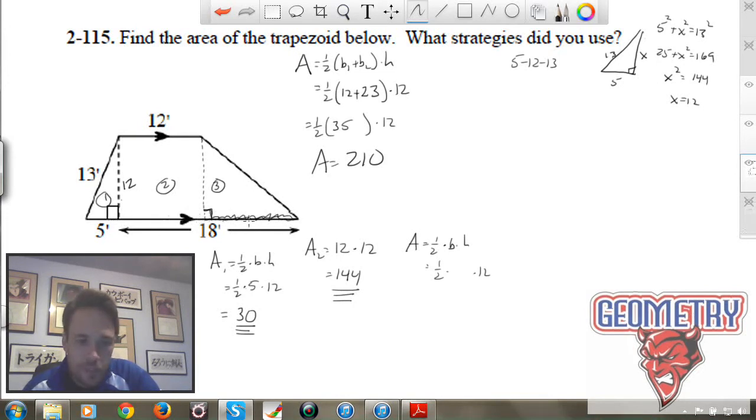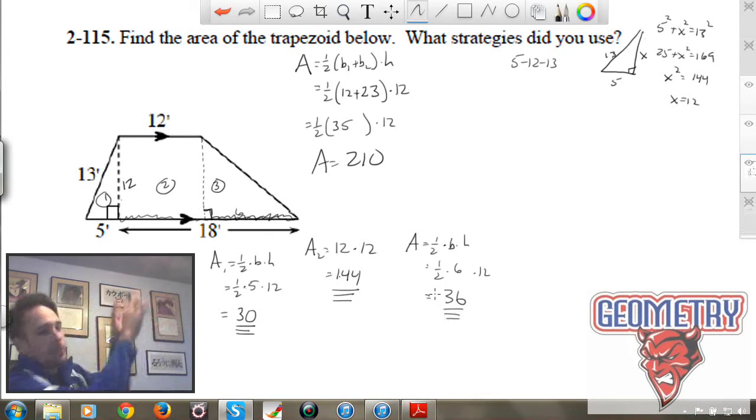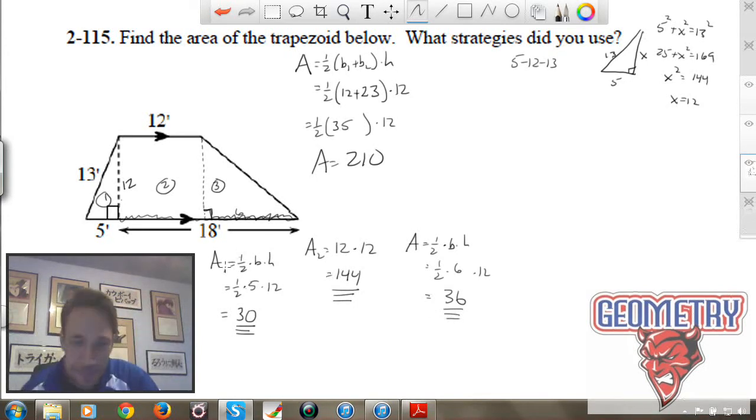So this whole thing is 18, and this part is 12 with a square, so this part down here is 12 as well, which means the part hanging over here is 6. So our area of the triangle is 1/2 times 6 times 12, or in other words, 6 times 6, which is 36.